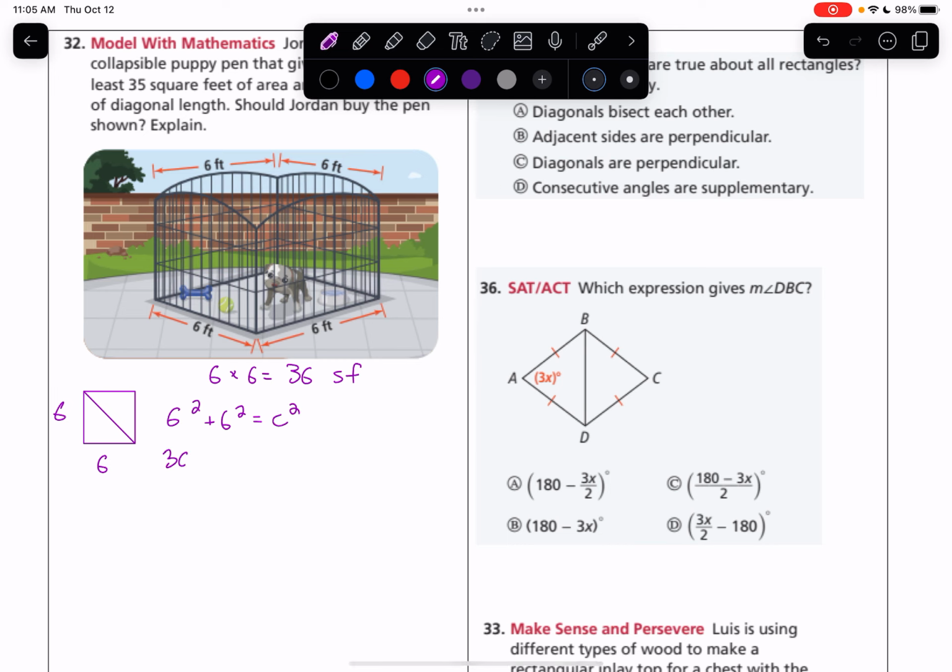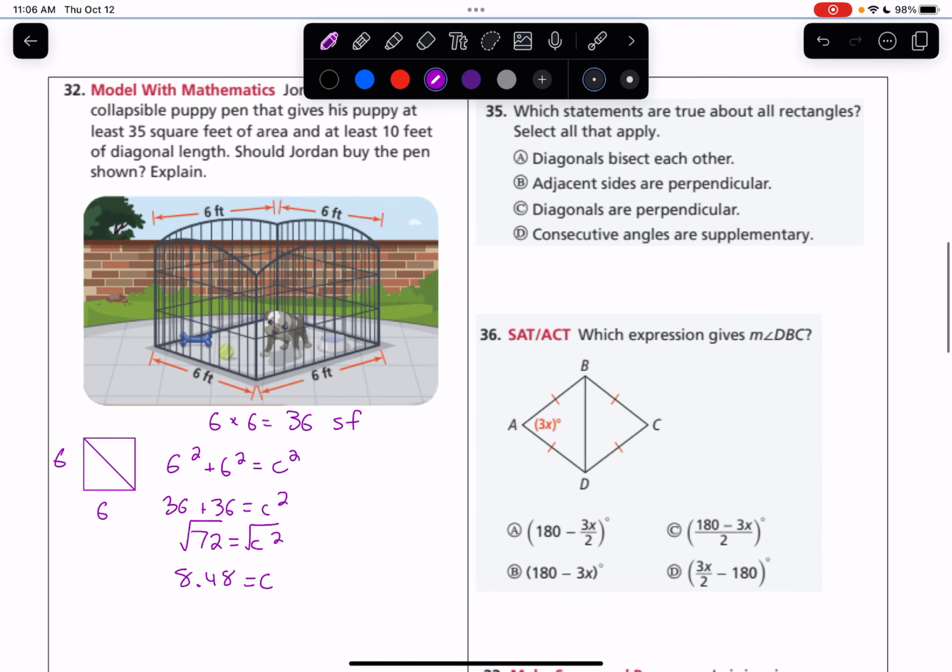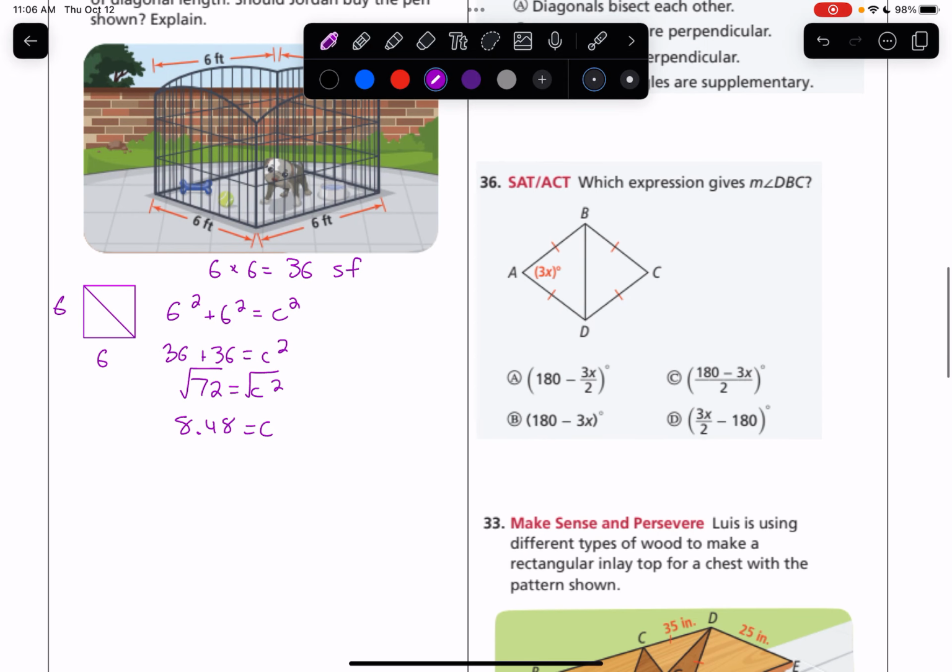That's 36 plus 36, so 72 equals c squared. Take the square root of 72, and we get roughly 8.48 equals c. So the diagonal of this pen is 8.48 feet, which is unfortunately not at least 10 feet of diagonal length.